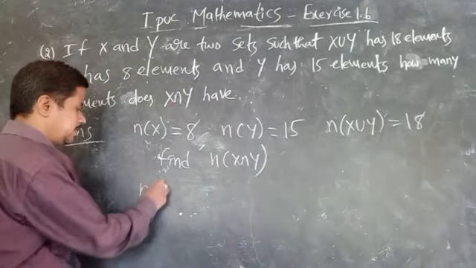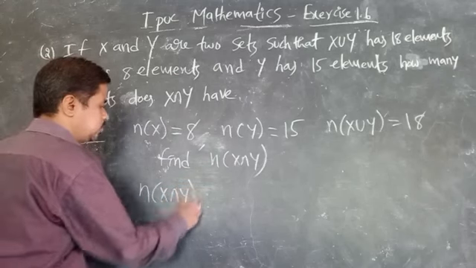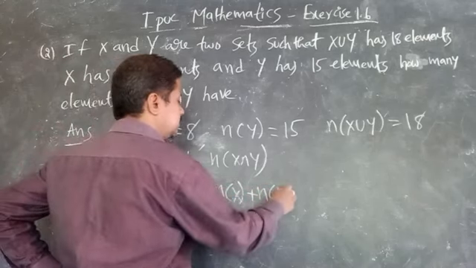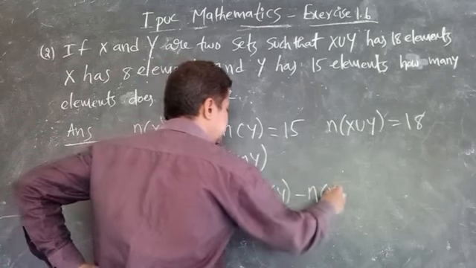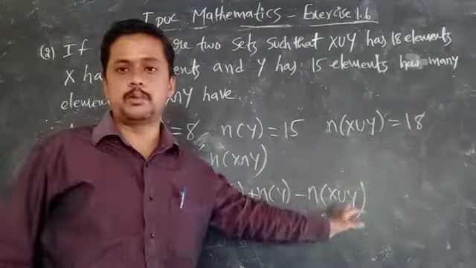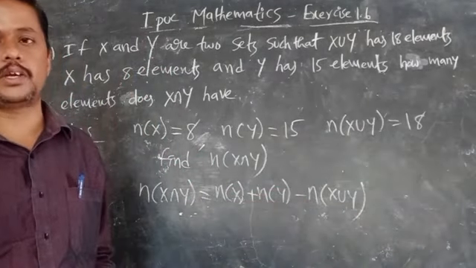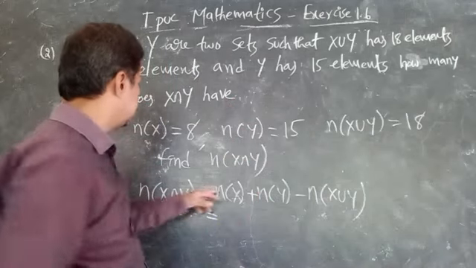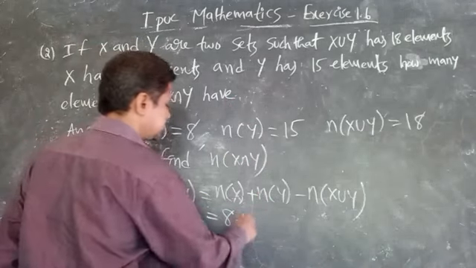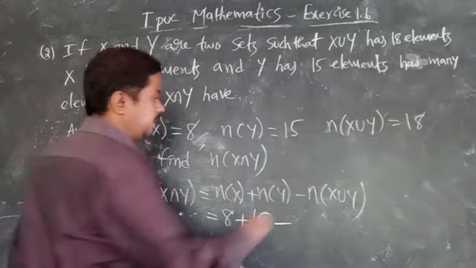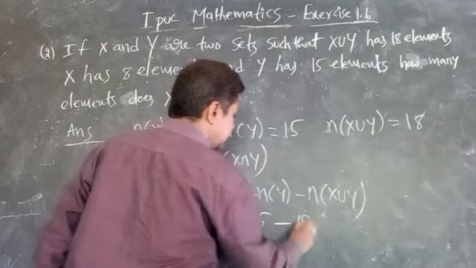The direct formula telling n of x intersection y is equal to what? n of x plus n of y minus n of x union y. Okay. Substitute all these values here. n of x equals 8 plus n of y equals 15 minus n of x union y, 18. Like that first you have to write.